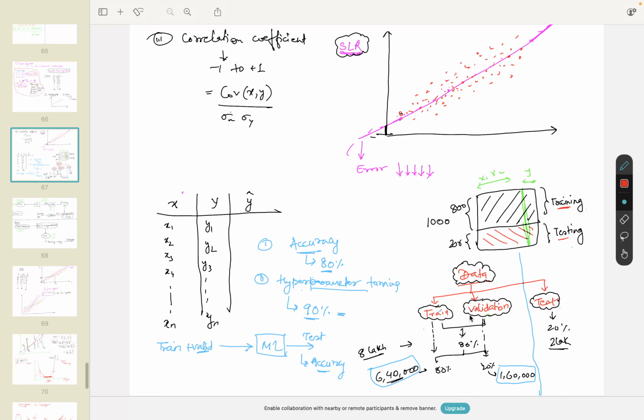The validation data is a data set from the training data itself, which works as test data for the machine learning algorithm. So first we take the train data and train the machine learning algorithm on this, then we validate it over the validation data set. Then we do some hyperparameter tuning, then we find the accuracy.